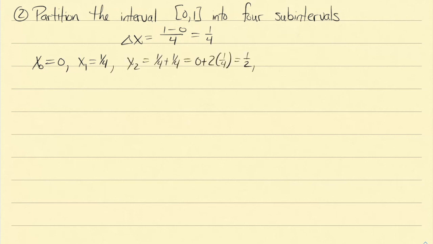Our third point is going to be 1/4 of a unit away from x2, or 1/2 a unit away from x1, or 3/4 of a unit away from x0. And our final 5th point here is x4, and that has to be 1. And you can check that 1 is indeed 4 times 1/4, so it's 4/4 away from x0, which was 0. Our 4 intervals are as follows.